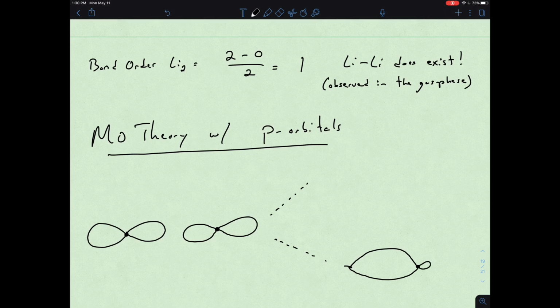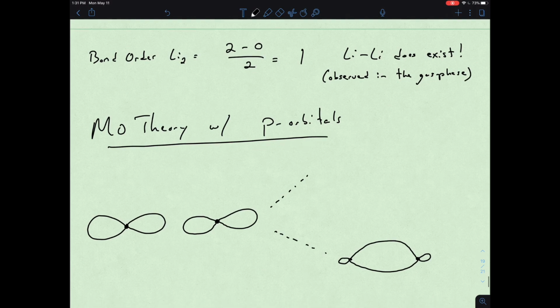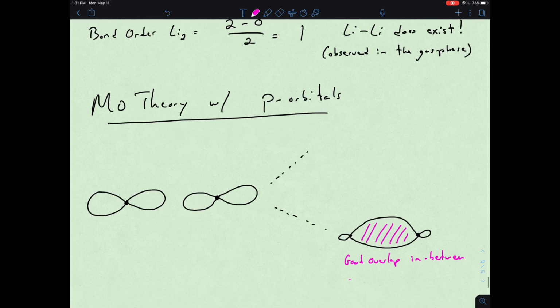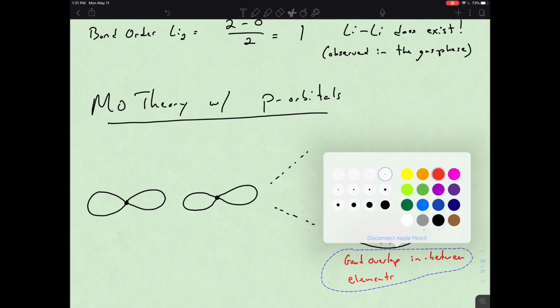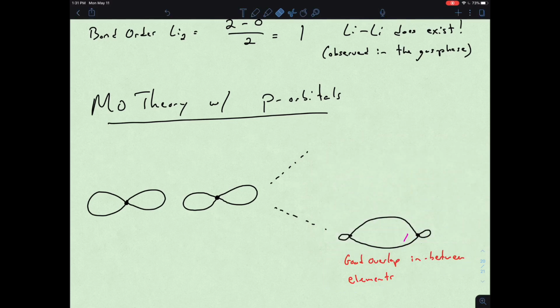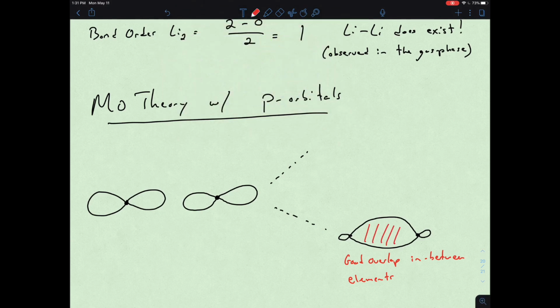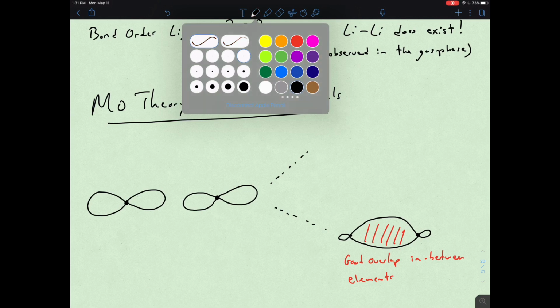And then with the p orbitals, we have this little other piece to it. So we have a lot of good overlap between the elements. And I guess I should stick to my colors here. I'm sorry. So we have that good overlap. And then with the anti-bonding, it's the same idea, just with the opposite scenario.